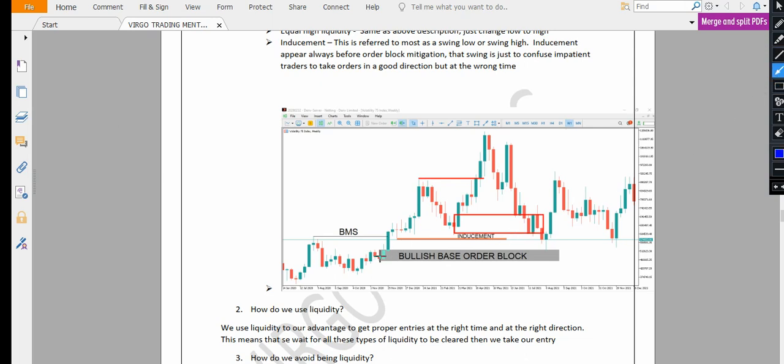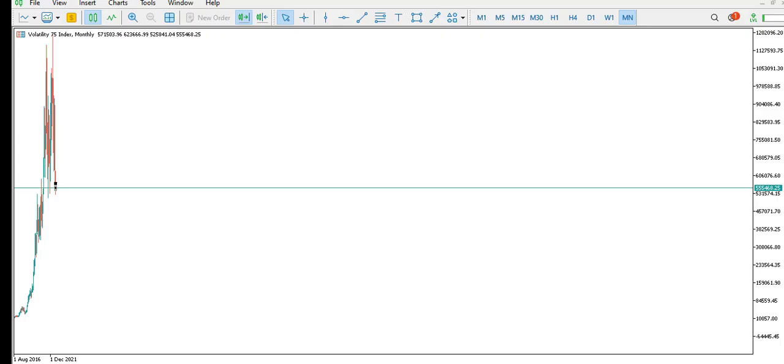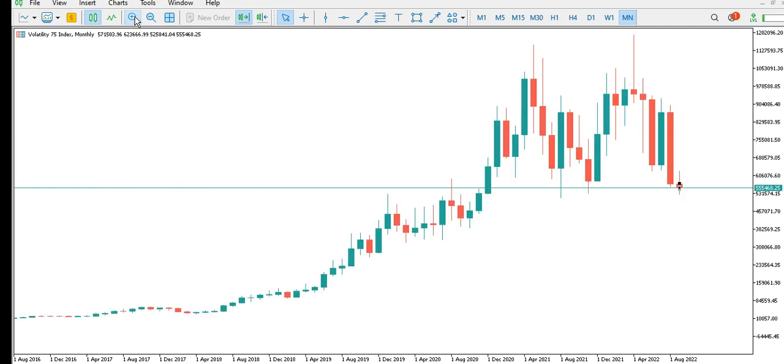Look at this, they mitigated this order block, and then they changed. Simple as that. This is what inducement does. It entices you to jump in the market at the wrong time, right?